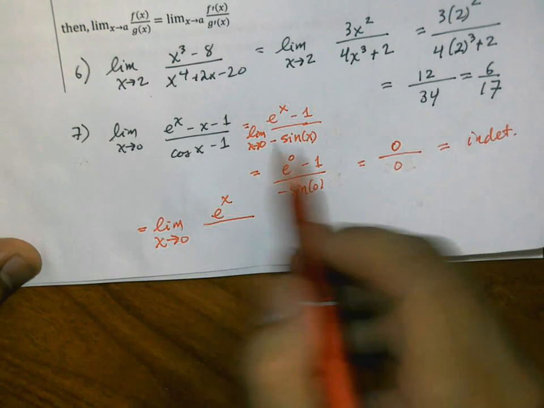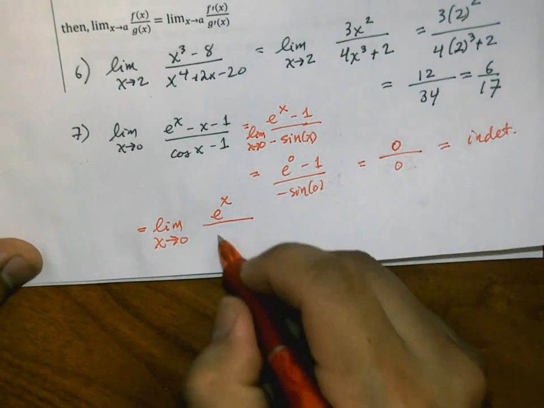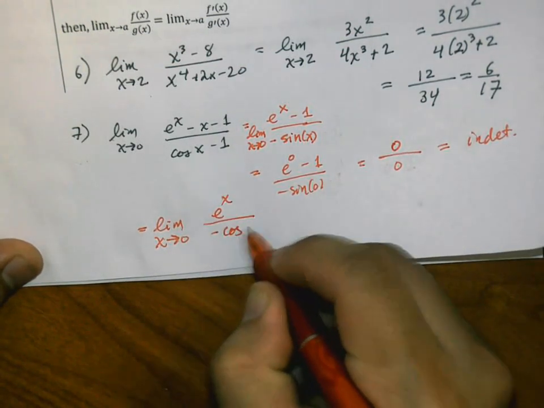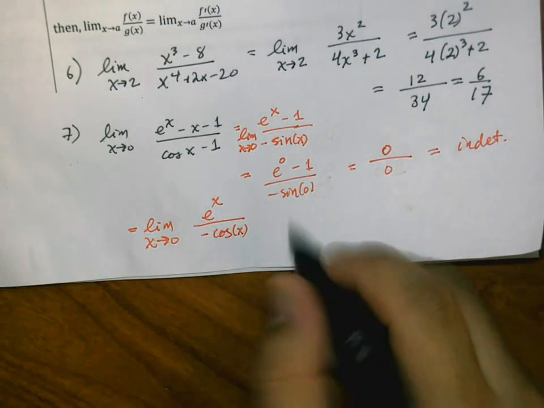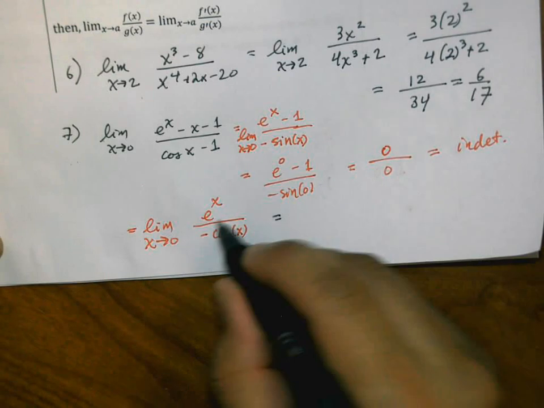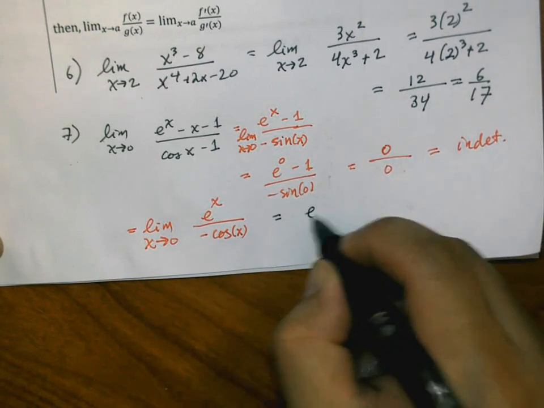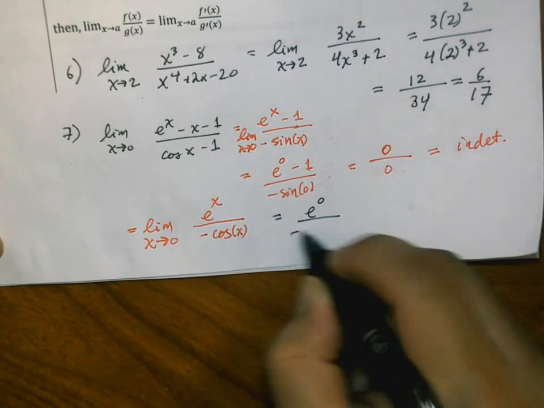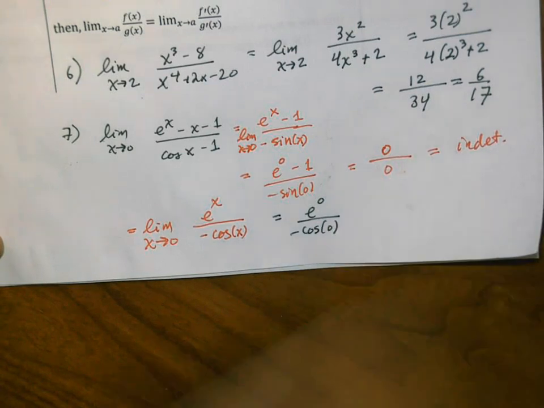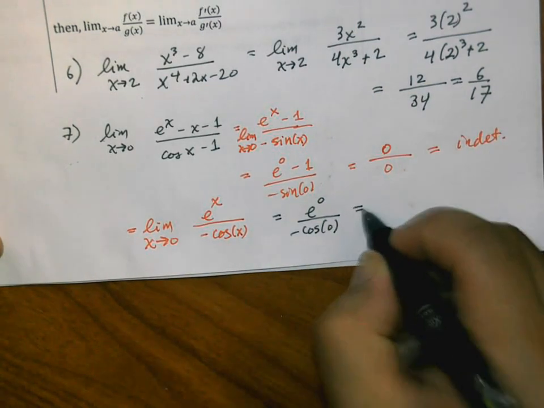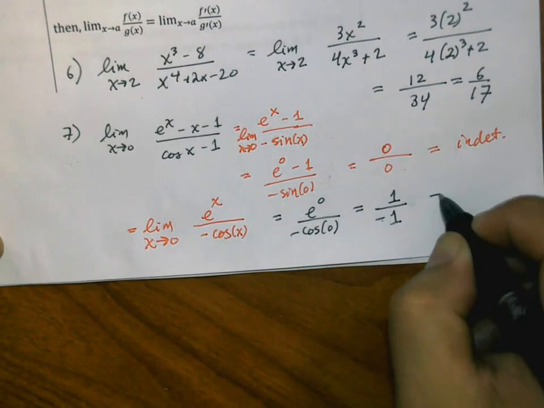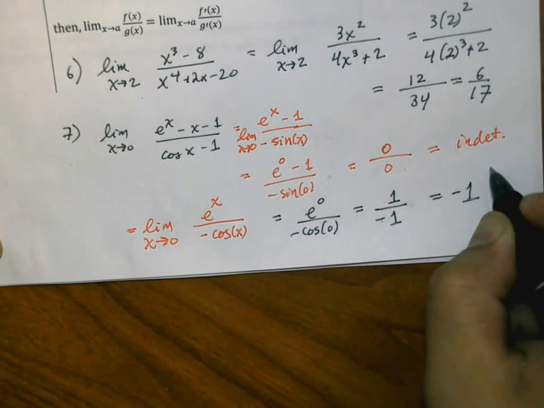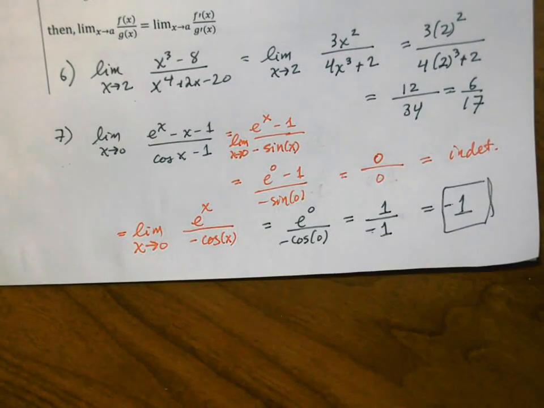In the denominator, the derivative of negative sine is negative cosine of x. And now we can try direct substitution. e to the 0 in the numerator and negative cosine of 0 in the denominator. So in the numerator we get 1, in the denominator we get negative 1, so this turns out to equal negative 1. That's the correct answer.